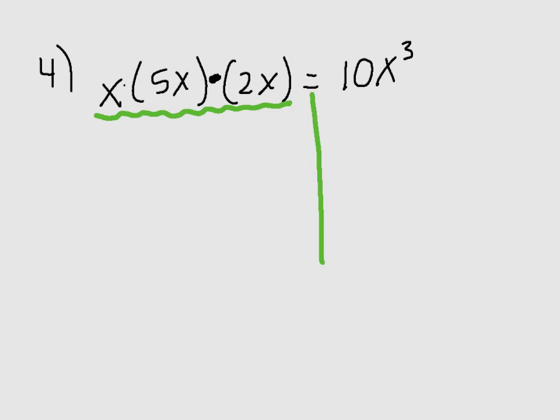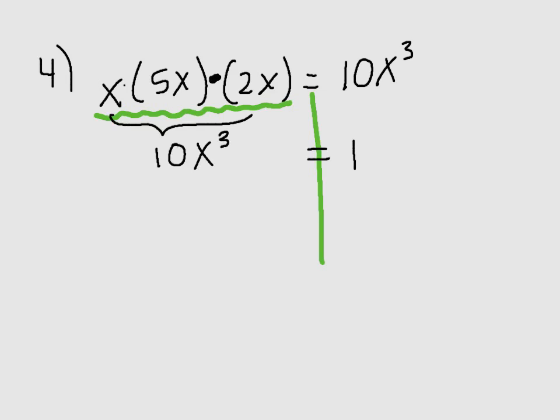So what's x times 5x times 2x? We have a 5 and a 2. 5 times 2 is 10. And then we have an x times an x times an x, which must mean x to the 3rd power. So my answer for this is 10x to the 3rd power.